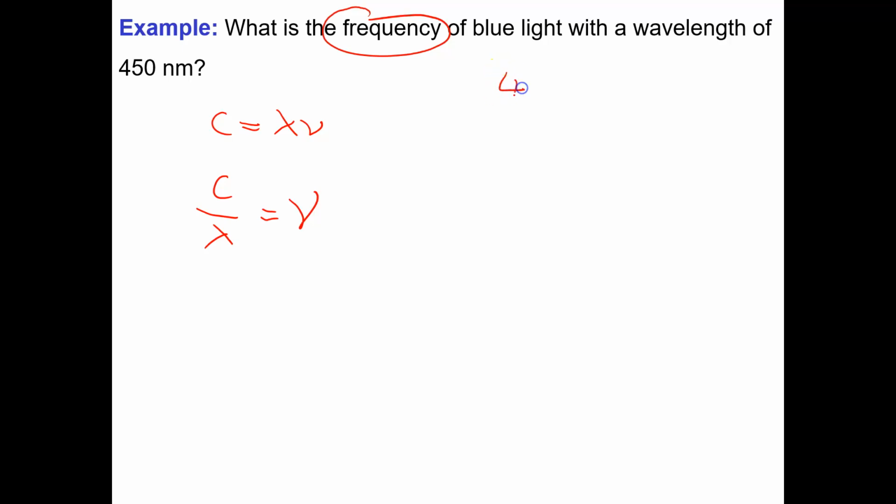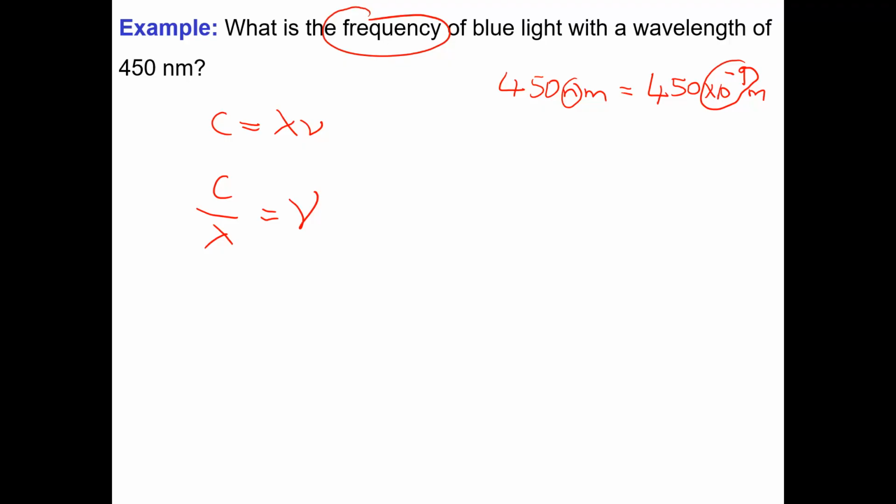Now, what do we know about 450 nanometers? Well, the lowercase n there means times 10 to the -9. So rather than doing an elaborate conversion, I'm just going to substitute the letter n for its mathematical meaning.